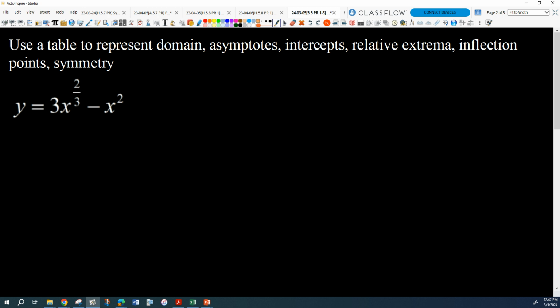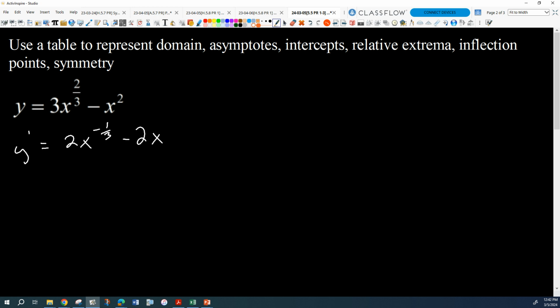Let's go ahead and just dive into some derivatives. Okay, so what's our first derivative here? 2x to the negative 1/3 minus 2x. Okay, and if we want to rewrite that, we got a couple of ways. We could write them as fractions and get common denominators, or we could factor out.